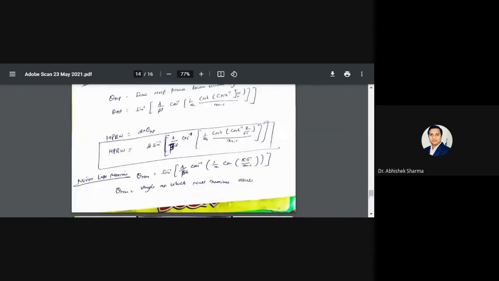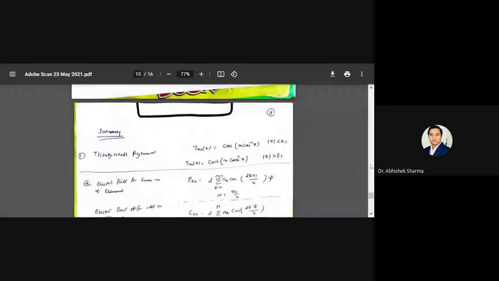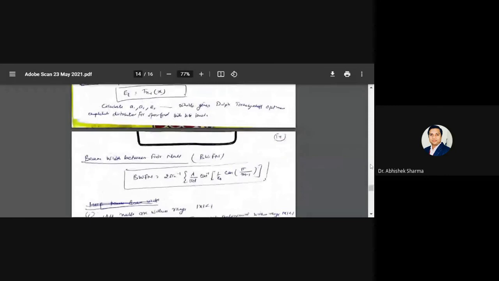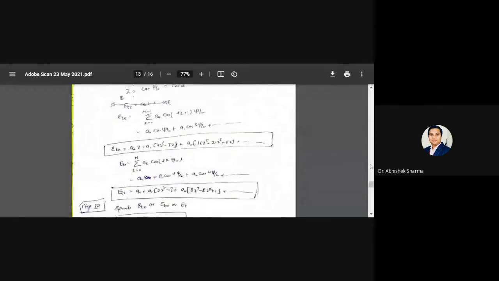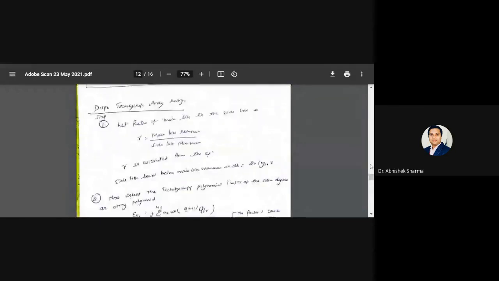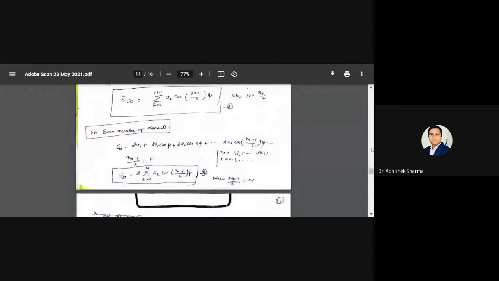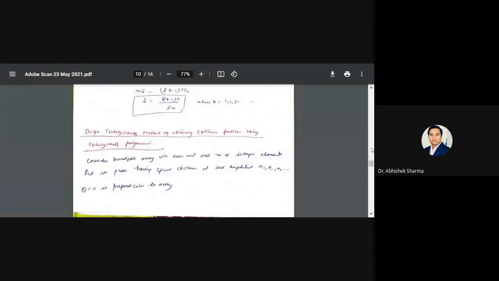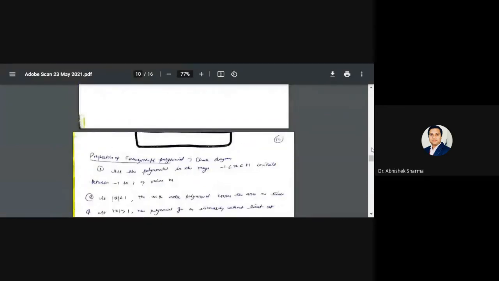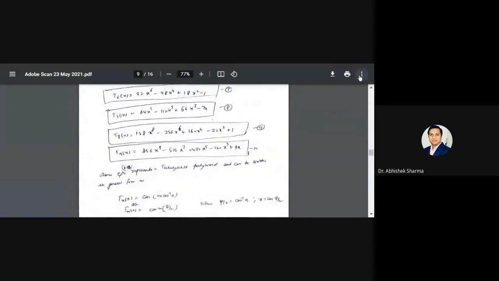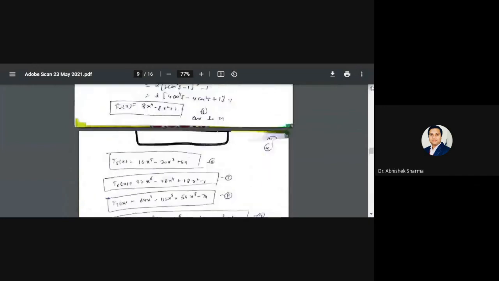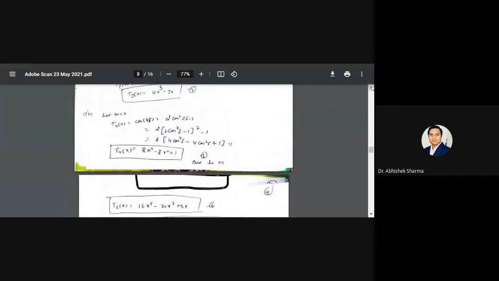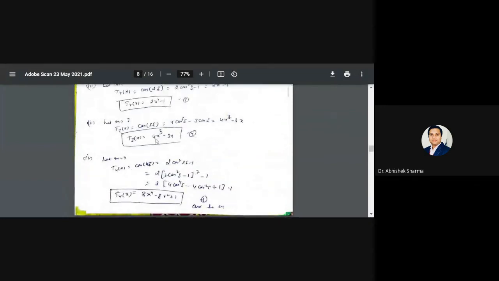So corresponding to T3x, let me check what the equation corresponding to T3x is. So this is T3x: 4x cube minus 3x.